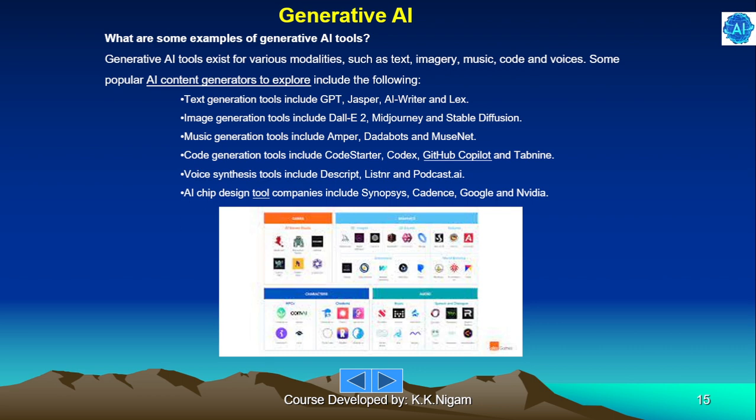Image generation tools like DALL-E 2, Midjourney, and Stable Diffusion. Music generation tools include Amper, Dadabots, and MuseNet. Code generation tools include Codestarter, Codex, GitHub Copilot, and Tabnine. Voice synthesis tools include Descript, Listnr, and Podcast.ai.